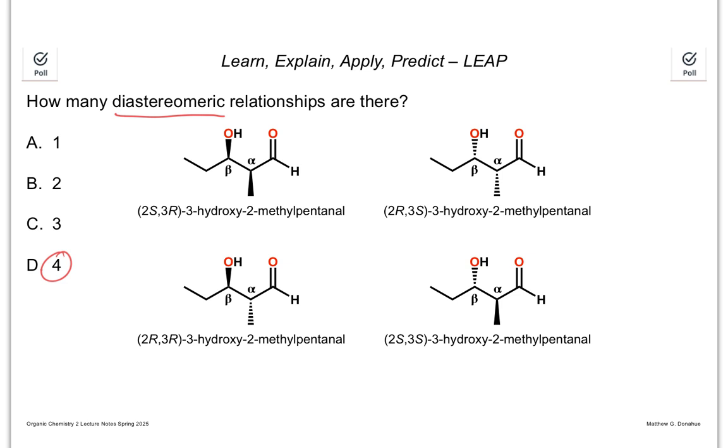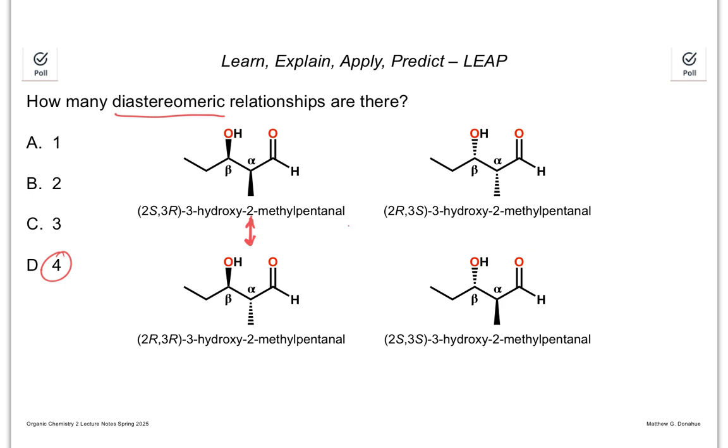So again, you can either look at the wedge-dash nomenclature or the CIP nomenclature. So if we focus on this first one to the top left, that would be a diastereomeric relationship. So the beta carbon stays the same, the alpha carbon flips.